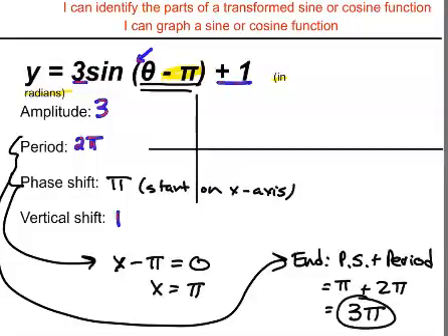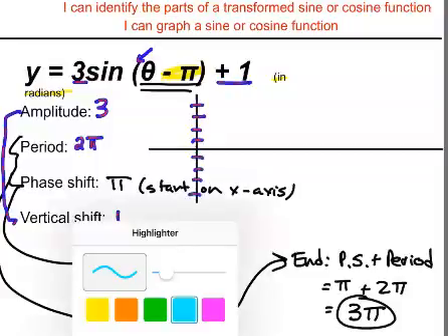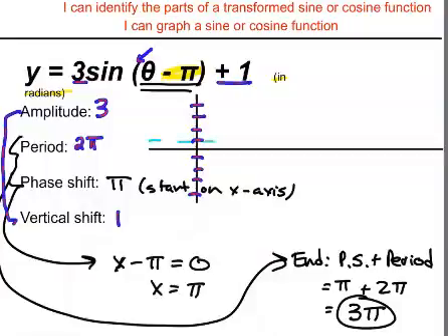Okay, so now let the fun begin here. We're going to start out by labeling this. I have an amplitude of 3 and a vertical shift of 1. So a vertical shift of 1 means that this is my center here.